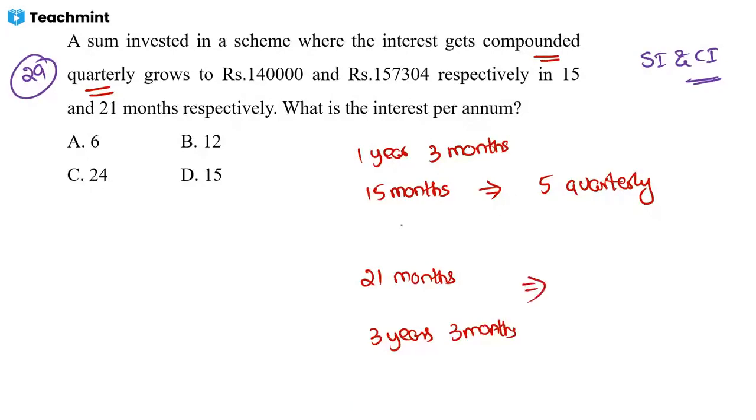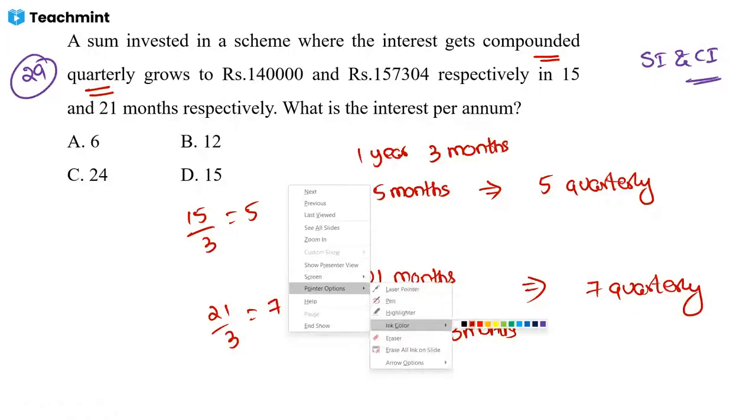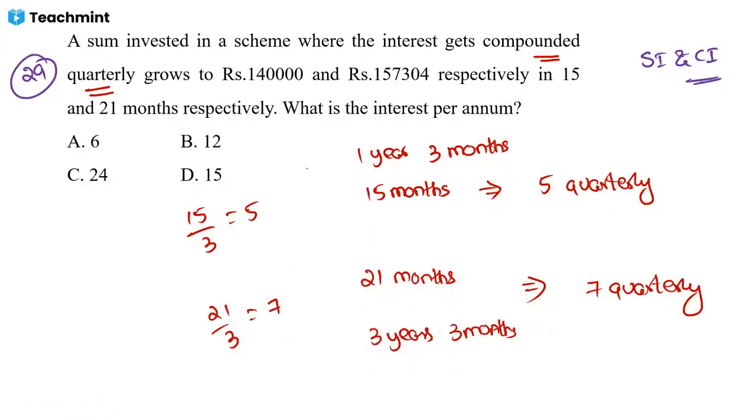Divide by 3, right? So why all this discussion? 21 divided by 3, we have 7. 7 quarterlies will come. Simple point is that, right? 3 months quarterly will come, so divide by 3. I have 5 quarterlies and we have 7 quarterlies.